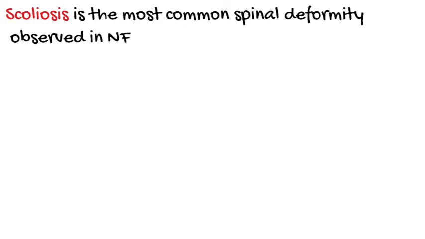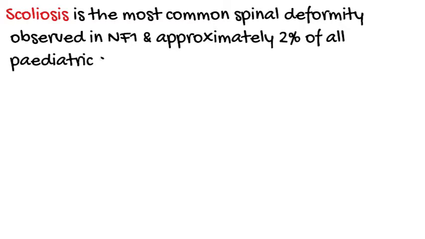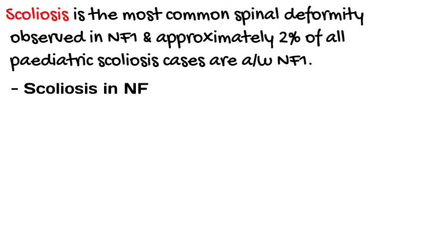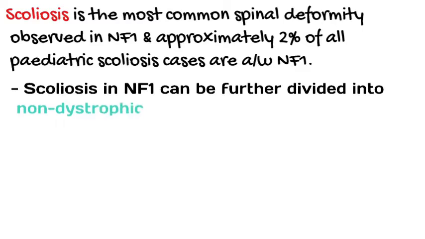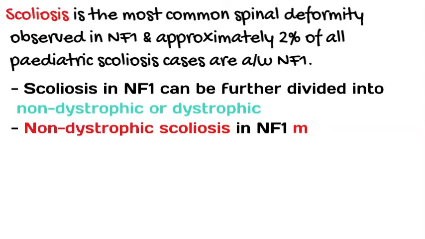Scoliosis is the most common spinal deformity observed in NF1, and approximately 2% of all pediatric scoliosis cases are associated with NF1. Scoliosis in NF1 can be further divided into non-dystrophic or dystrophic type.